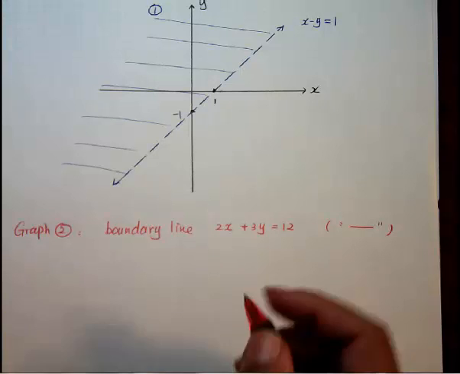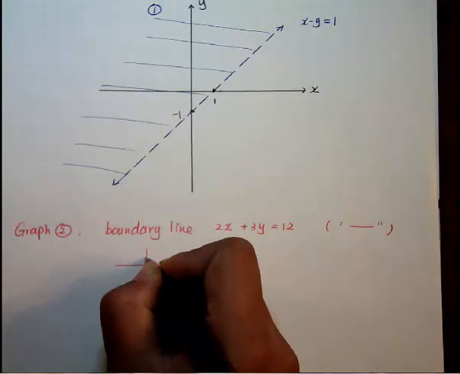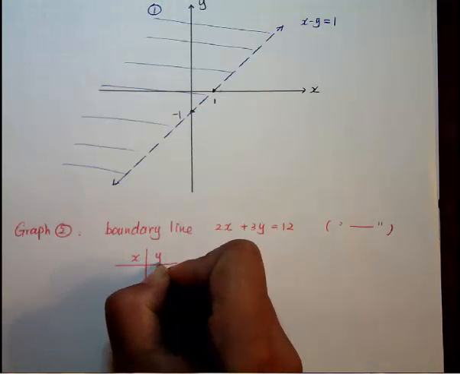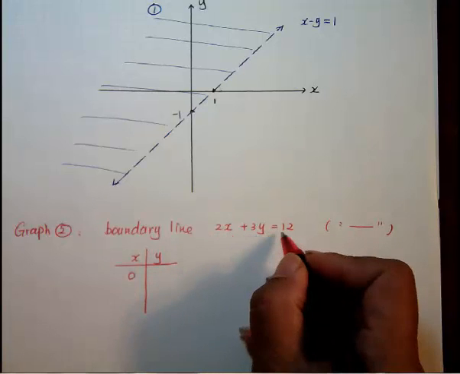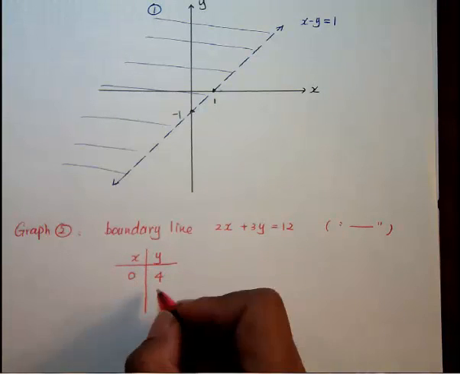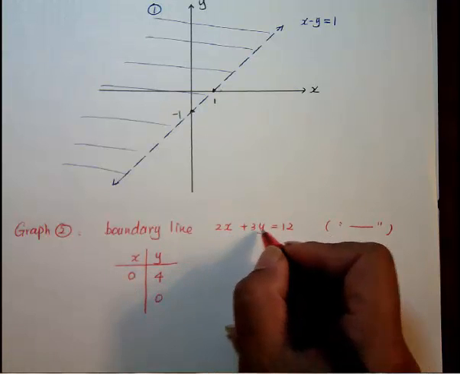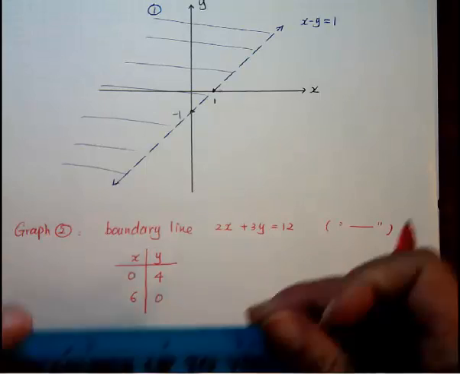To graph this line, you can use slope-intercept or any other points, and I usually like to use the intercepts. If x equals 0, 3y equals 12, so y will be 4. If y equals 0, 2x equals 12, so x will be 6. Let me find these two points.